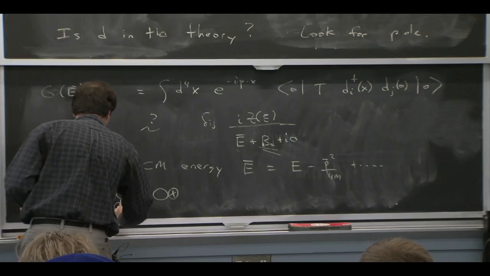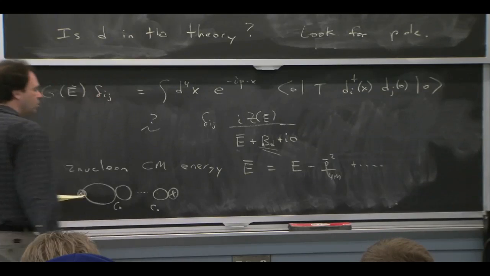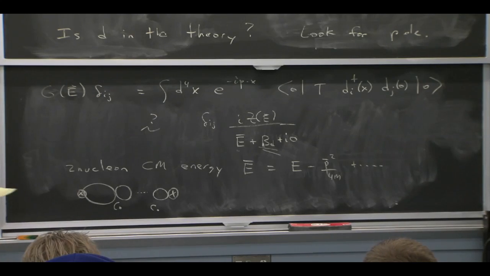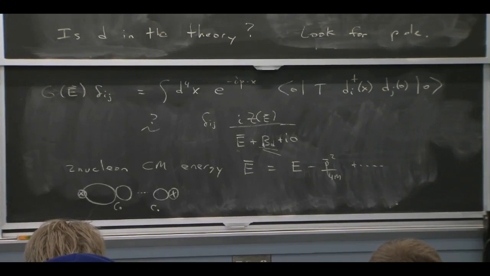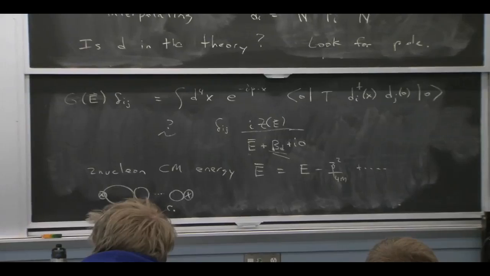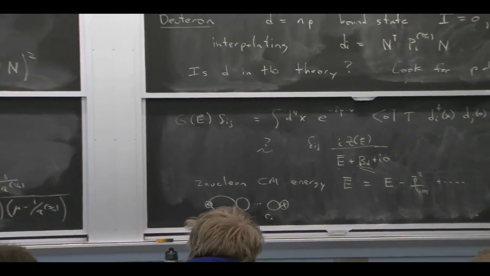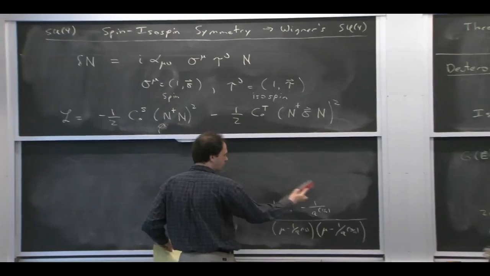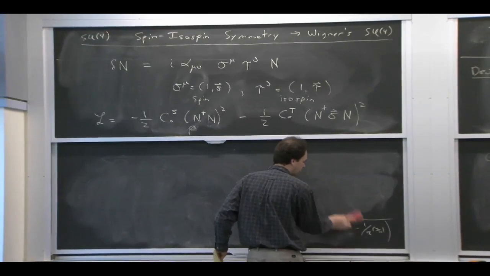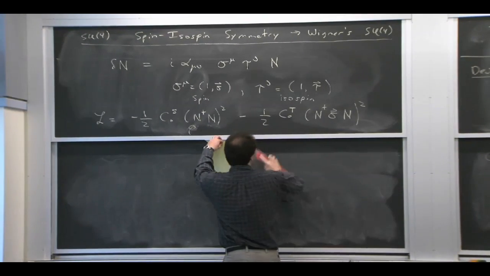So these are just our C0 bubbles. Those are very easy to compute. It's just a geometric series that we already computed. And instead of having two nucleons in and two nucleons out, we just have this deuteron state in and deuteron state out.